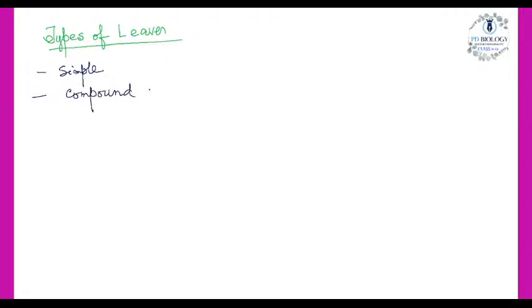Simple leaf, here the leaf lamina is entire, or when it is incised, the incisions do not touch the midrib. That means that's the midrib and the leaf are just like this one.